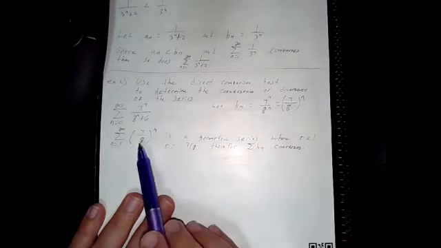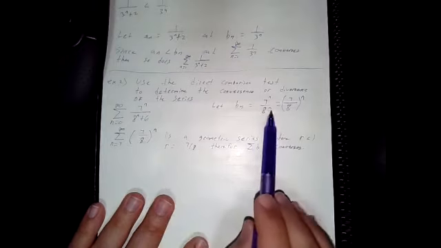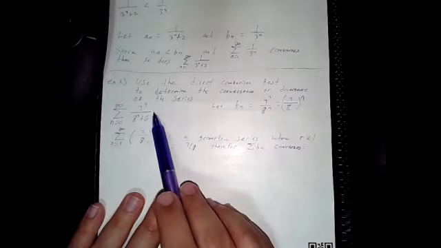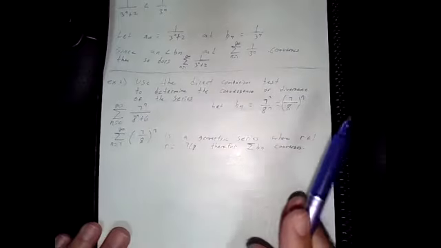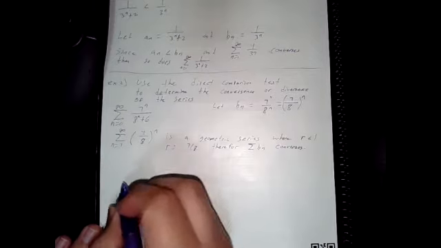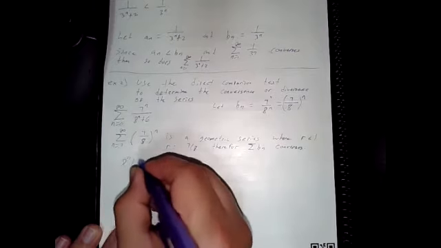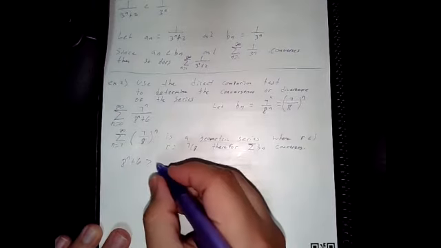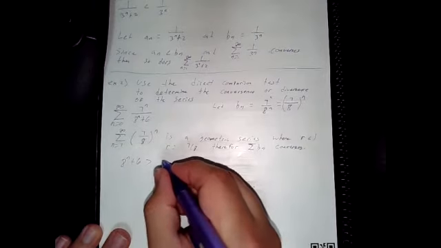So since we know the Bn series converges, then it needs to be bigger than this guy. Because if it is, then this one will also converge. So let's prove it to ourselves. All right, so I know that this for sure is bigger than this, right?